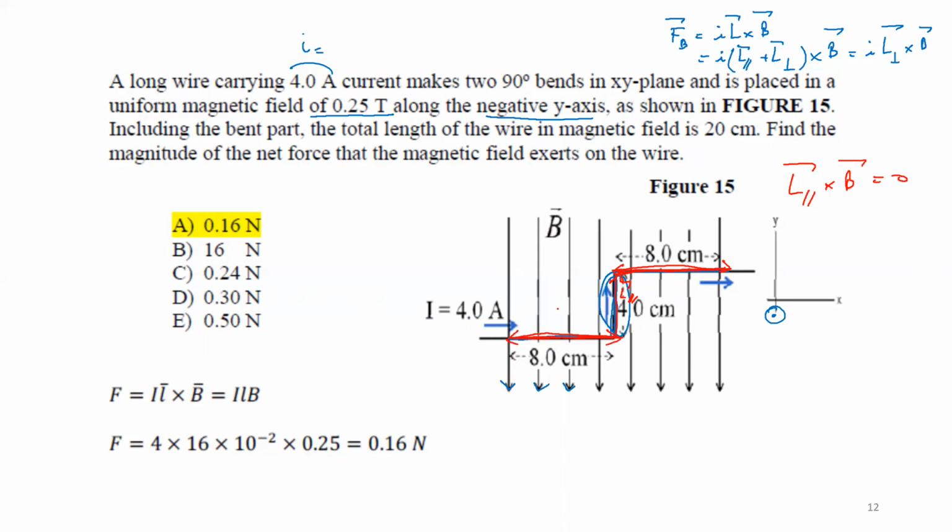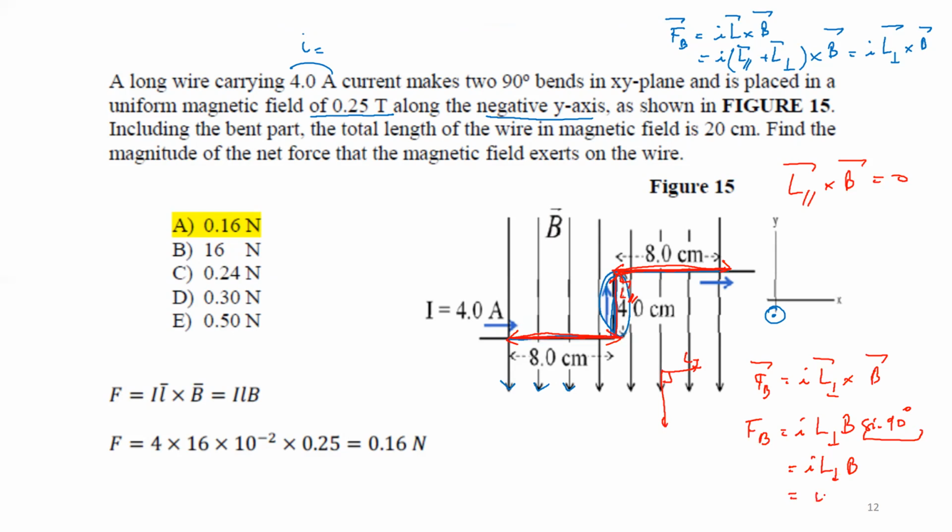That's the L which I care about. So here I will have FB equal to I L perpendicular cross B. In magnitude, FB is I L perpendicular B sine 90 degrees, which is 1, because between B and the L perpendicular you have 90 degrees. So basically, I just have I L perpendicular B.